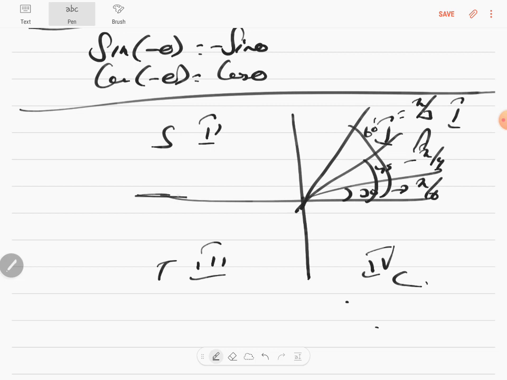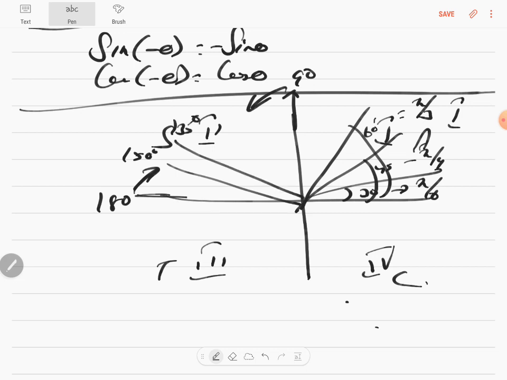So what about the second quadrant? You know it has to be 90 plus or 180 minus. 180 minus 30 is 150. 180 minus 45 is 135. 180 minus 60 is 120. These are all the examples of the second quadrant.